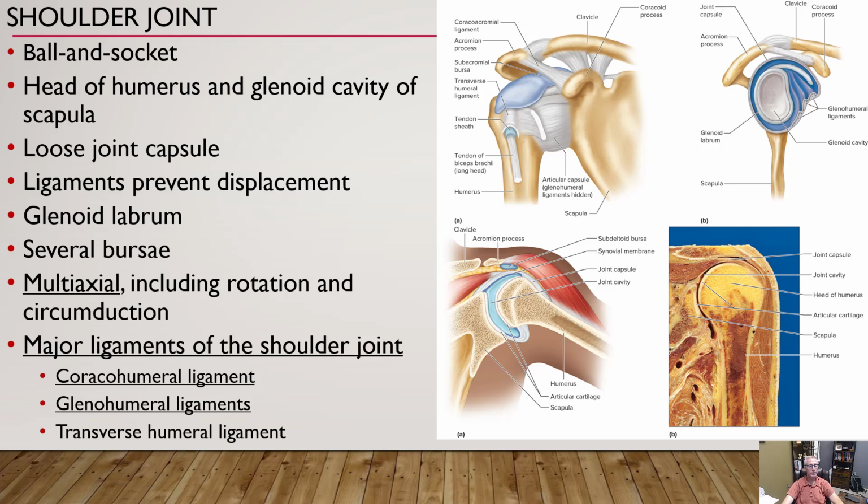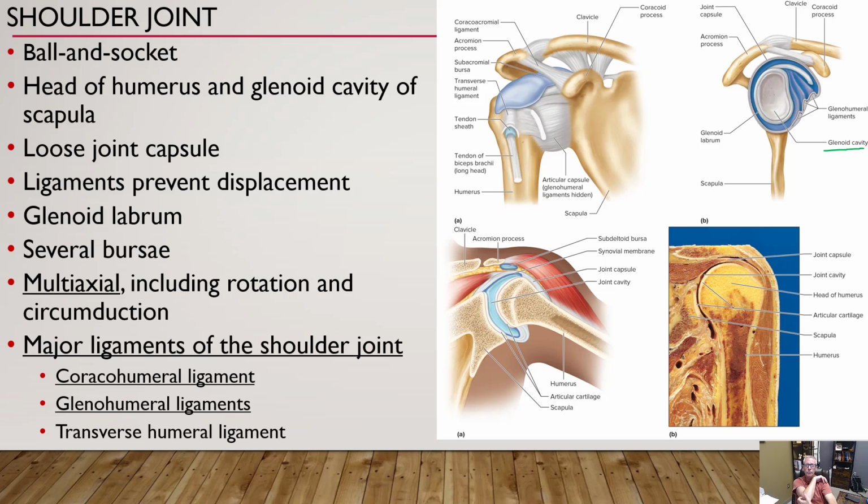All right, shoulder joint. Remember, the shoulder joint is a ball and socket joint. We have the glenoid cavity, also called the glenoid fossa, of the scapula, and the head of the humerus fits into that glenoid cavity.